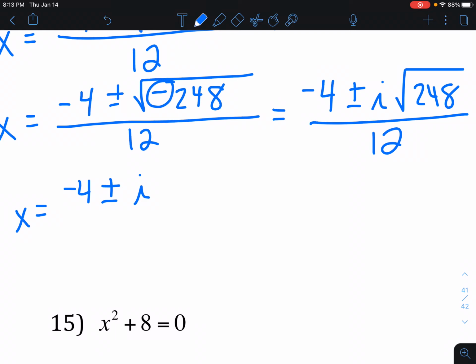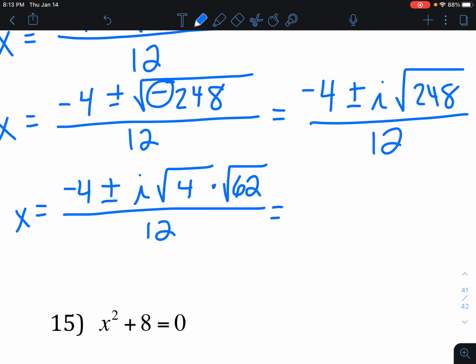Nope, that got a decimal also. 25, 16. Now I'll try dividing by 16. Still got a decimal. 9, 4. Now I'm going to try 4. Obviously, that's going to work, and get 62. So the square root of 248 can be split up into the square root of 4 times the square root of 62.